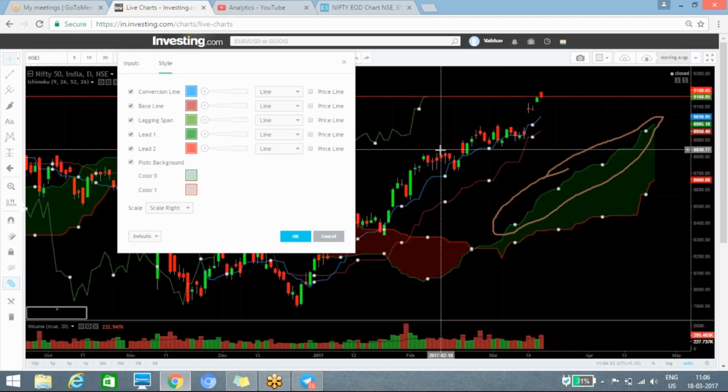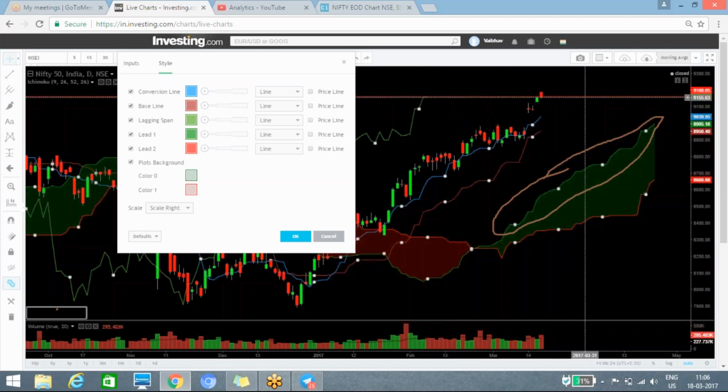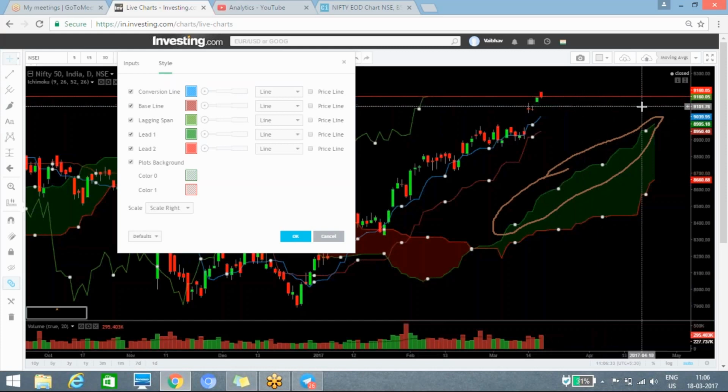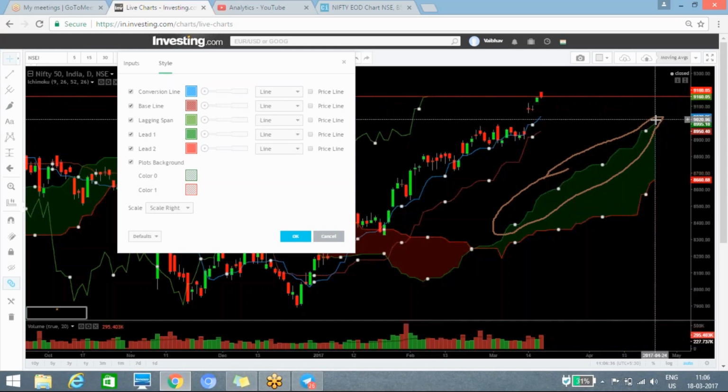If I count from here, 2, 3, 4, 5, 6, 7, 8, 9 and come here, it will be exactly 26 periods. So this span is basically leading the averages. It is taking a calculation and plotting it 26 periods after, or in the future.